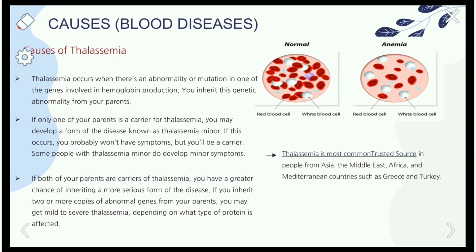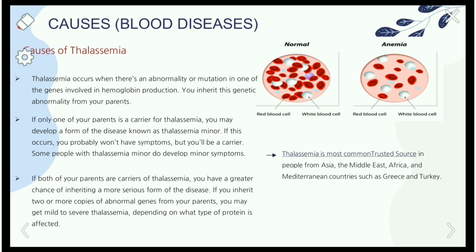The causes of blood diseases. First, the causes of thalassemia. Thalassemia occurs when there is an abnormality or mutation in one of the genes involved in hemoglobin production. If only one of your parents is a carrier for thalassemia, you may develop a form of the disease known as thalassemia minor. You probably won't have symptoms, but you'll be a carrier.